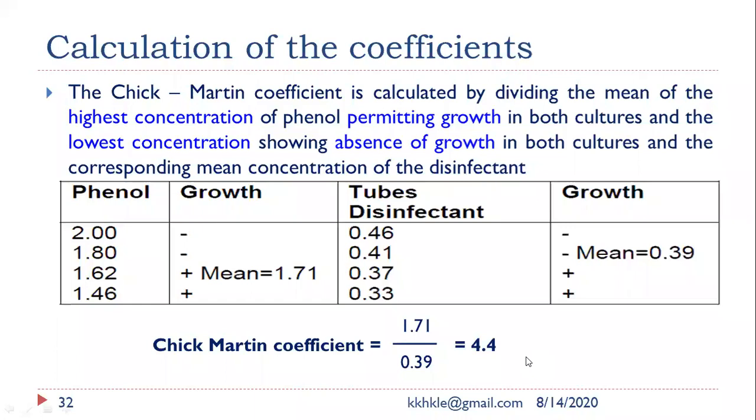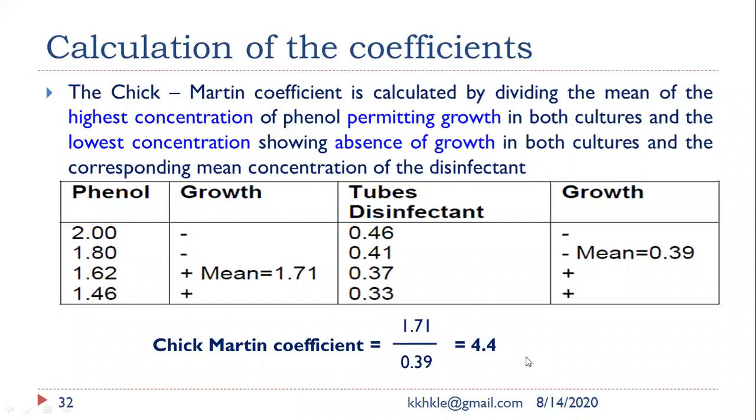That means in that 30 minutes reaction time, only the 2% and 1.8% is effective, whereas 1.62% and 1.46% is not effective. Similarly, in case of the sample disinfectant, at 0.46% and 0.41 percent, there is no growth, which shows the activity within the 30 minutes. And at 0.37 and 0.33 percent, there is a growth of the organism.